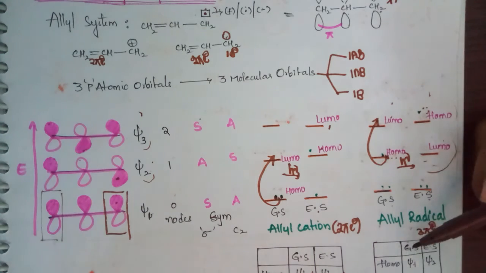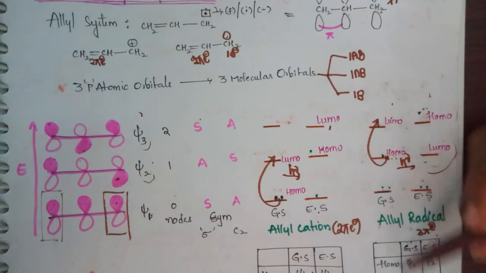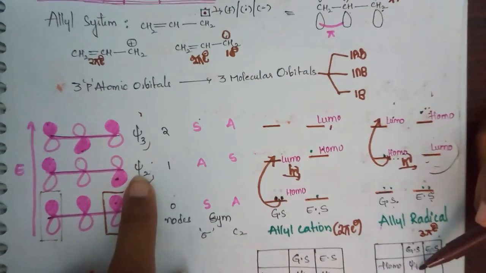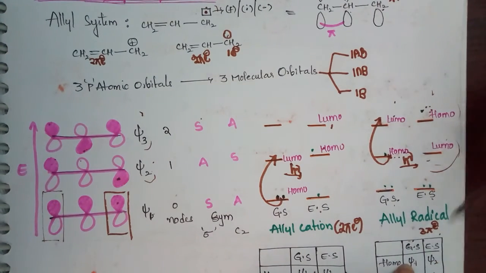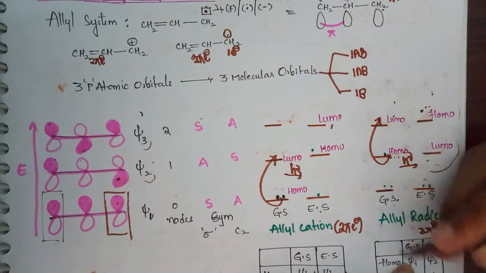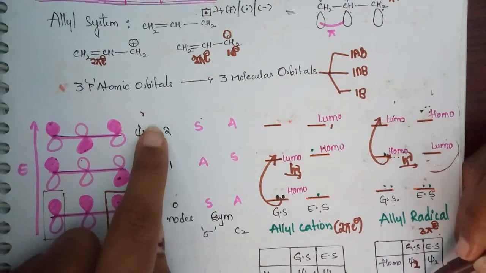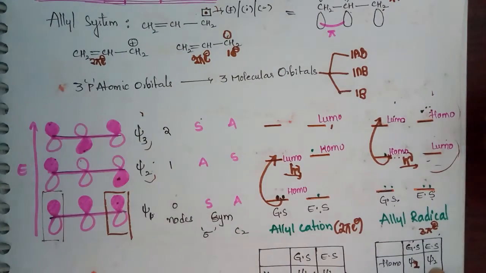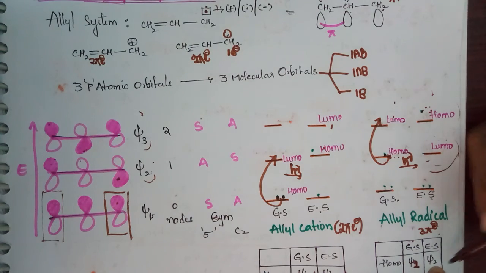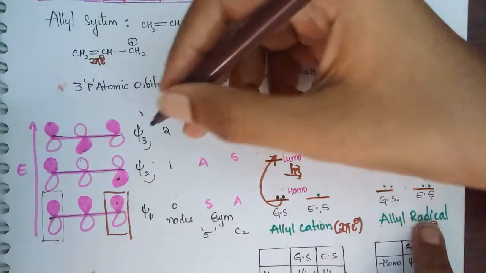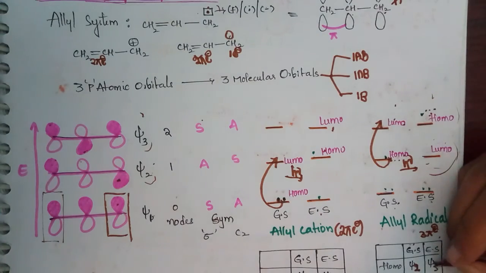Now for the allyl radical, again you have to write ground state, excited state, HOMO, LUMO. In the ground state, HOMO is psi2, LUMO is psi3. Now in the excited state, HOMO is psi3, LUMO is psi2.